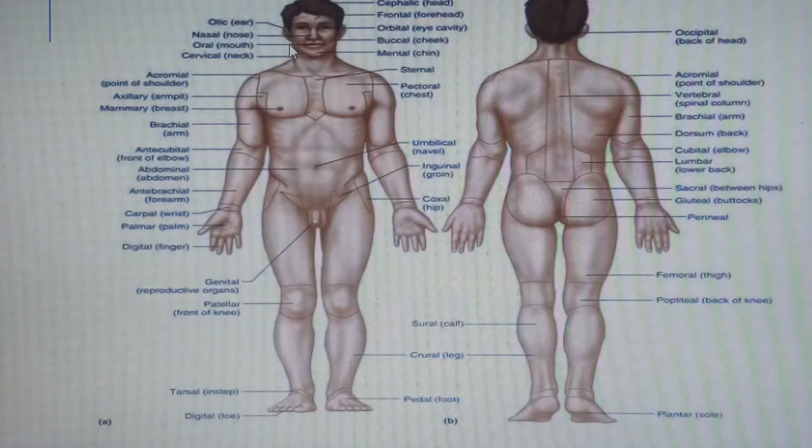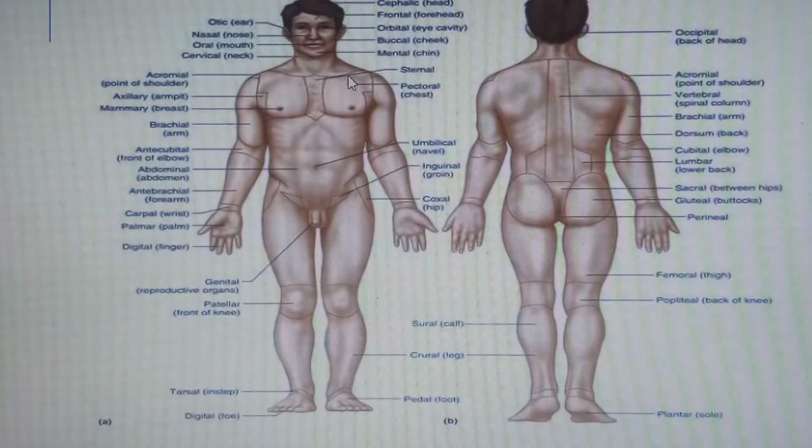The ear too, we say otic, so if you hear otic, we are still talking about the ear. Nasal has to do with the nose, oral has to do with the mouth, and cervical has to do with the neck. Anytime you hear the word cervical, it has to do with the neck. Labial has to do with the lips. So these are some areas that we can see.